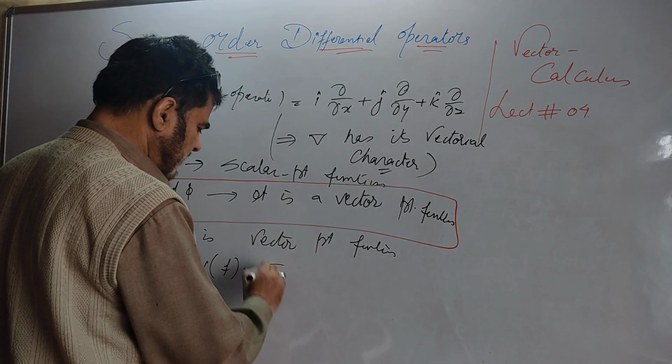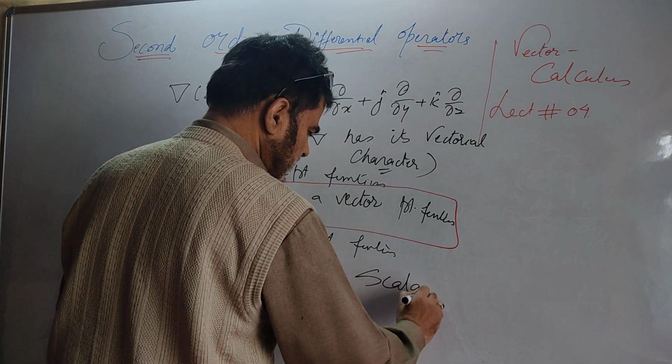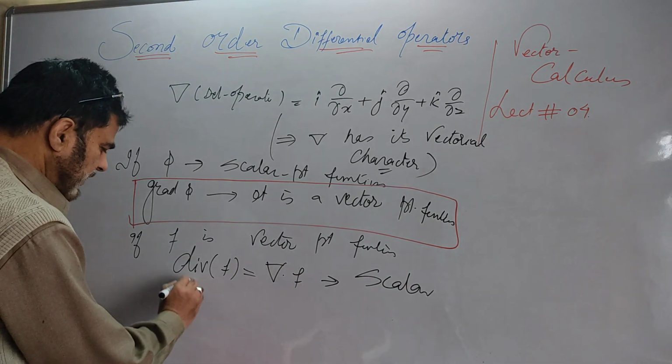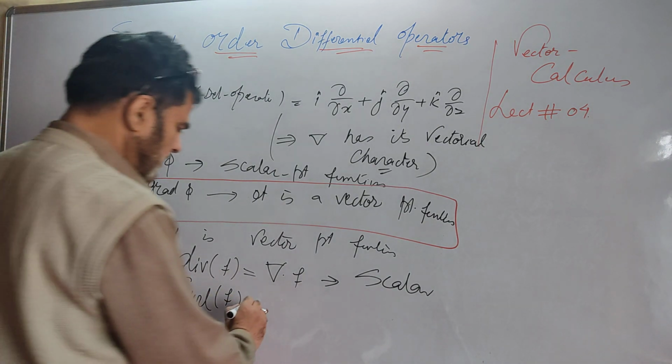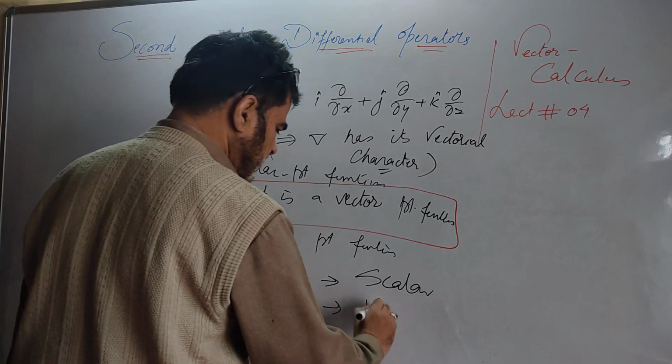What is that? Del dot f. Remember, it is a scalar. Now you find the curl of f. What is curl of f? It is del cross f. It is a vector.